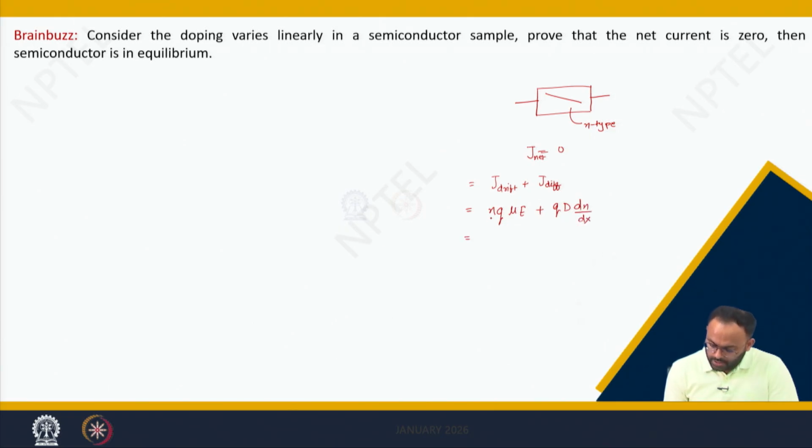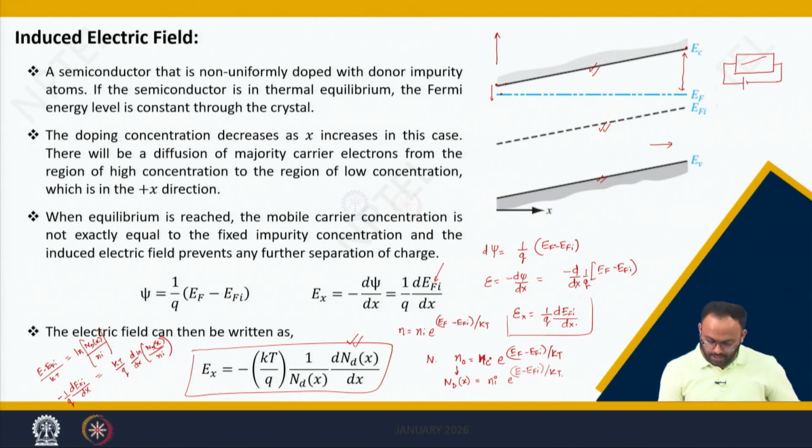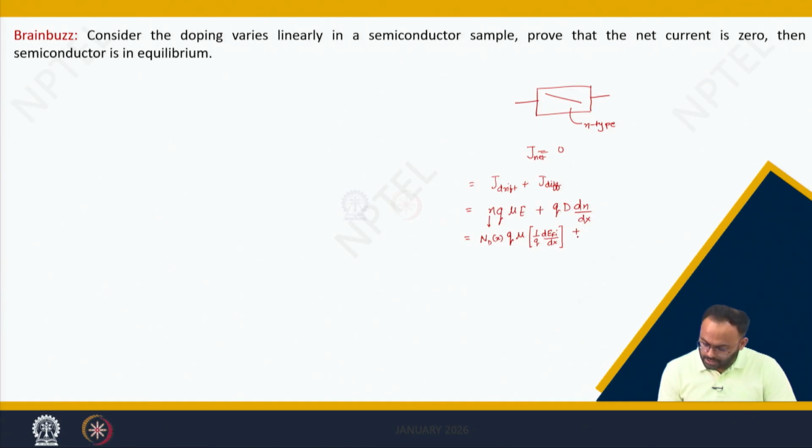Now this n, as it is varying with respect to x, we can write Nd(x), because the electron concentration in an n-type semiconductor can be written as Nd. And q μ E, where E is nothing but 1/q dEFI/dx, like we have seen here.